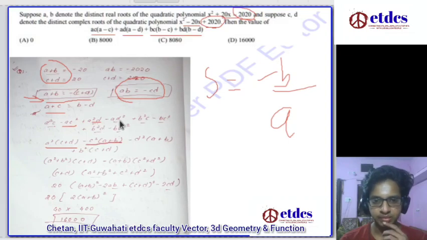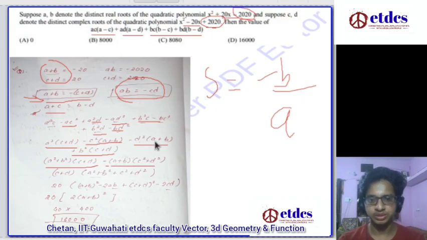Similarly, taking d square common, we get minus d square into a plus b, and taking b square common from here and here, we get plus b square into c plus d. Now c plus d is common in these terms, and from the others we get minus of a plus b into c plus d square.